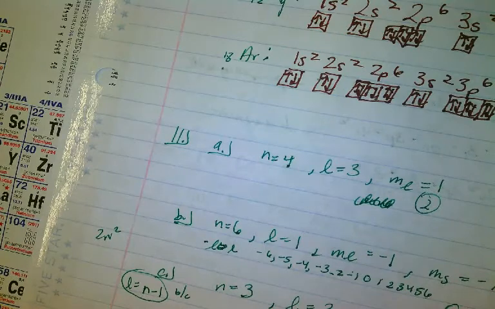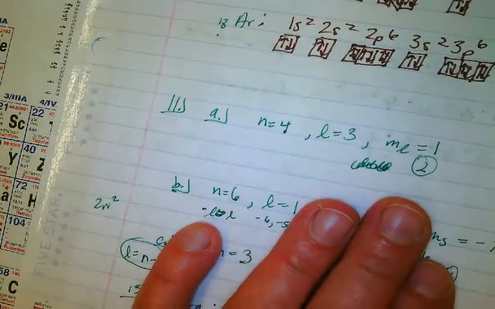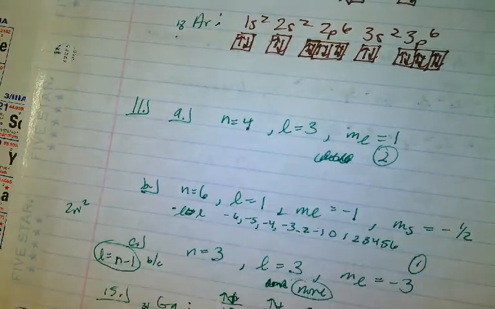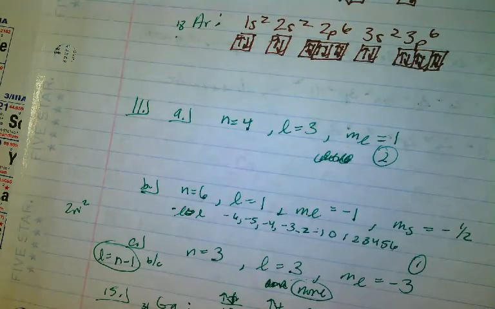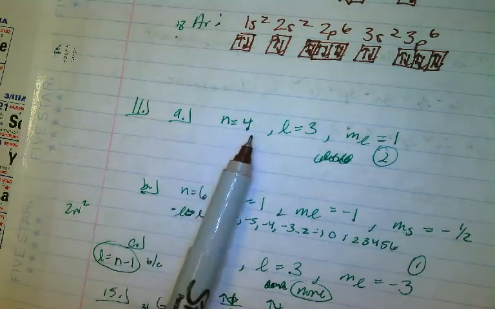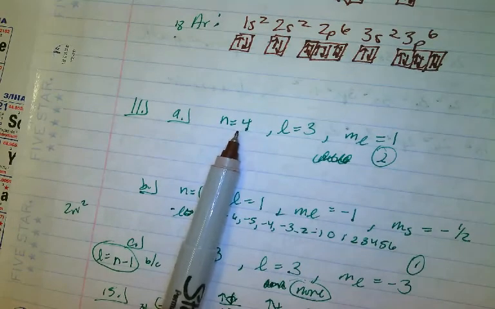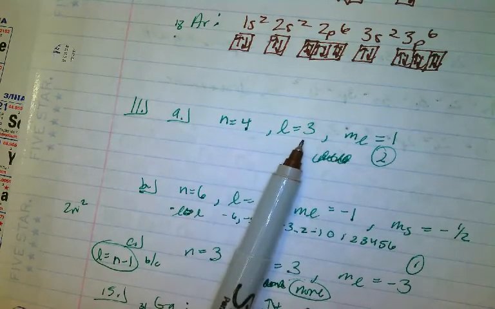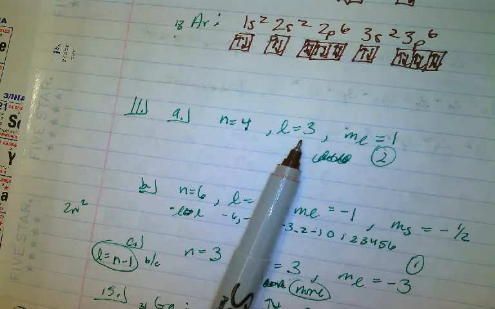The answer for A is 2. Why is my answer 2? Because you take the N. We're in the 4th energy level. What sublevel are we in? The third. L equals what? 3.